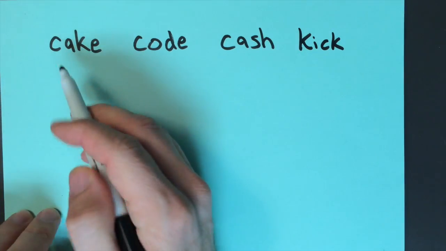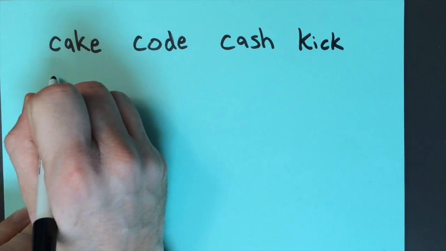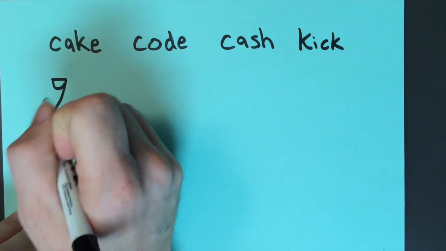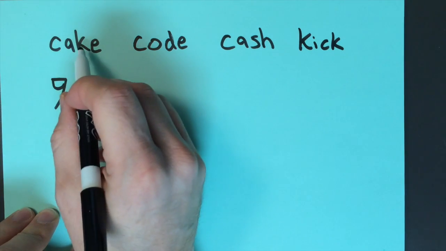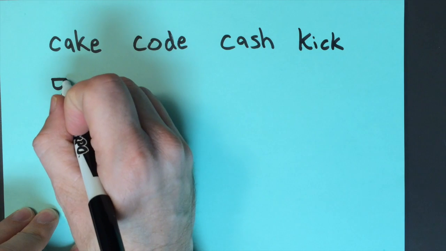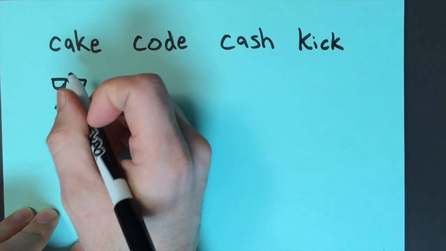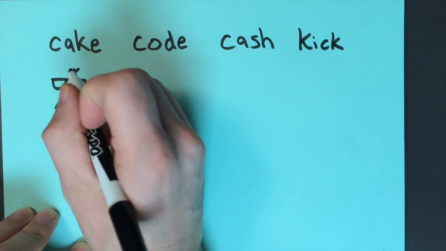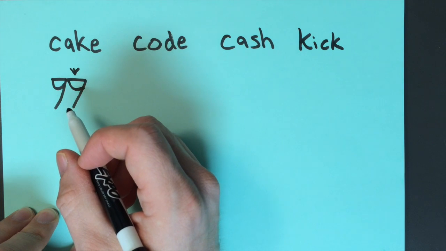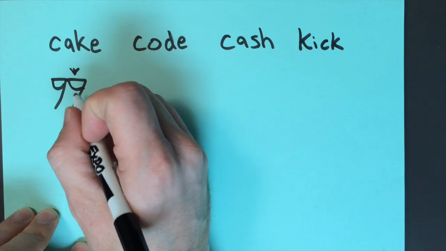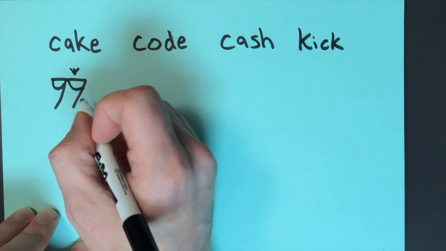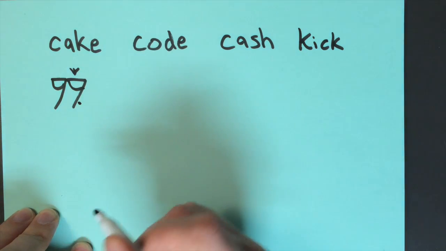So to do cake, we're going to draw our K sound like this. And we've got two in here, so we're going to draw another one like that. Draw our A over. And we're going to finish the E on the end of cake with a dot down here.